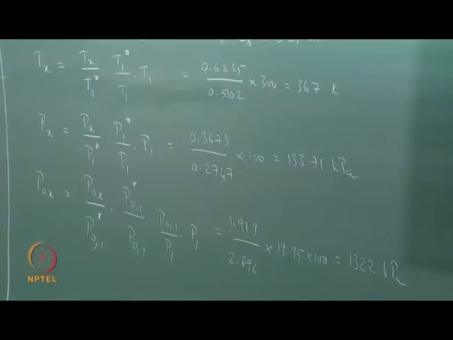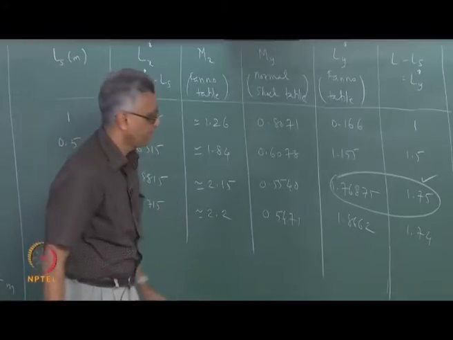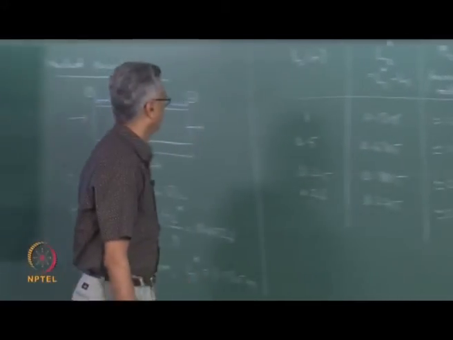So, now we have to calculate these quantities across the shock wave, and then from there we go to the end of the duct to calculate the exit properties. Let us do that.